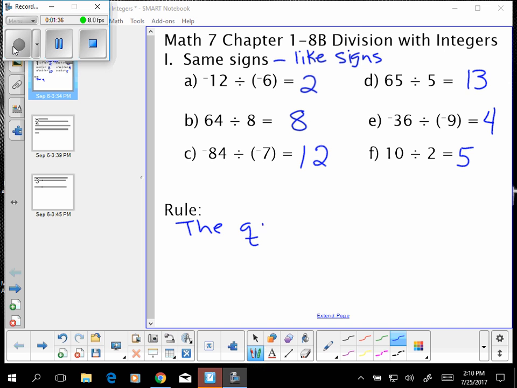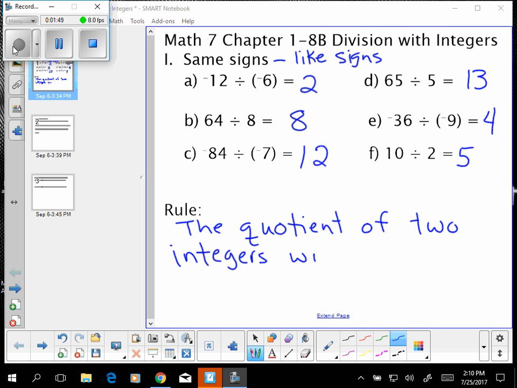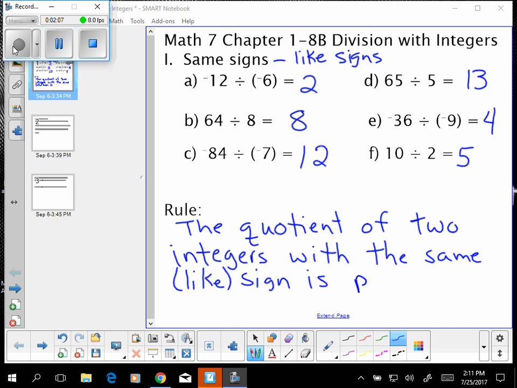The quotient of two integers with the same or like signs is positive.